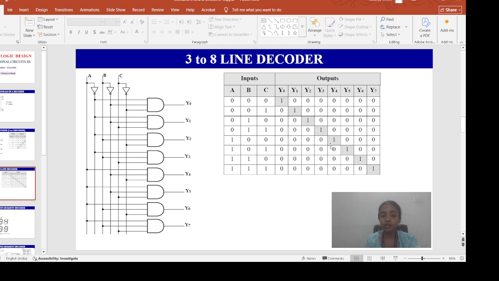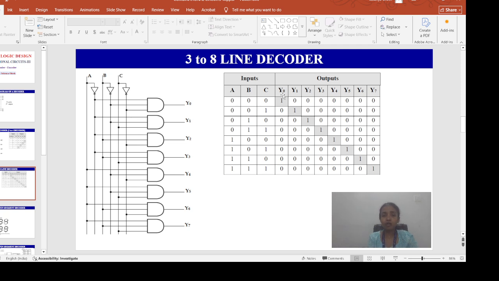Alright. So what we can observe here, we have 3 input lines A, B, C and 8 outputs starting y0 to y7. So with 3 input variables we can have 8 combinations starting from 000 to 111.